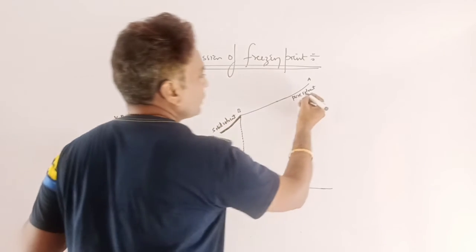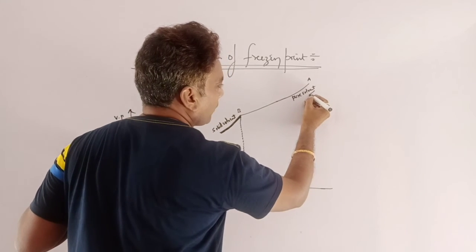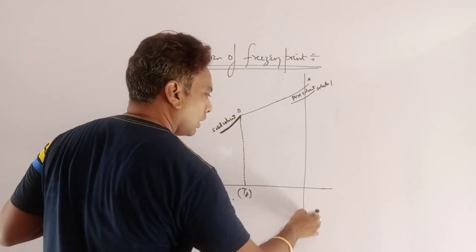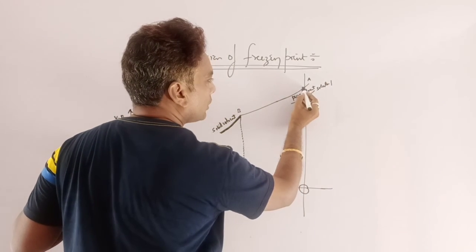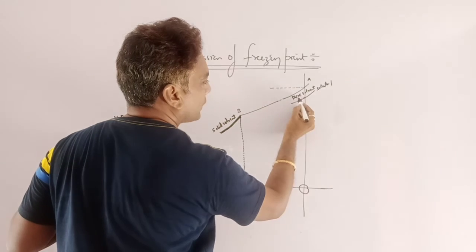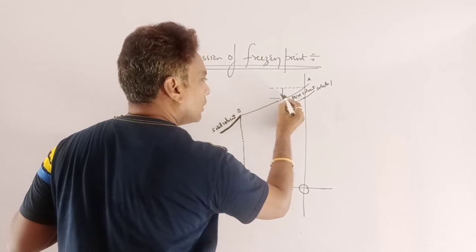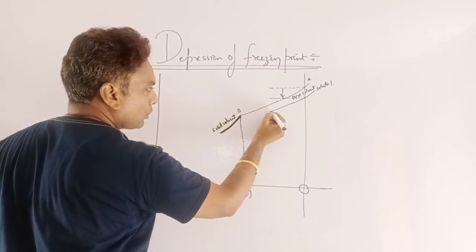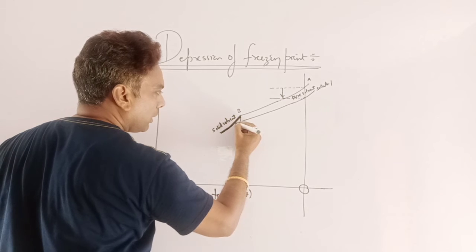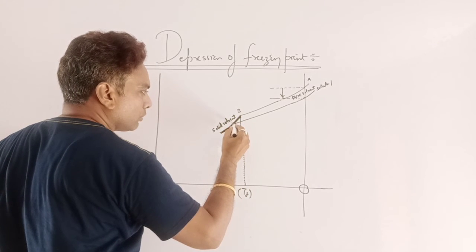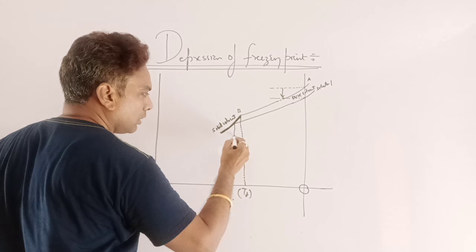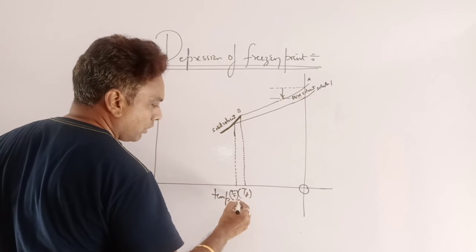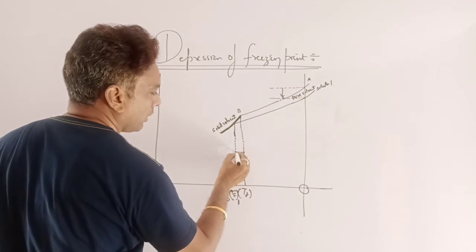Now, after mixing a small amount of solute, the vapor pressure of the solution decreases. Suppose this is solution 1, and at a given temperature the vapor pressure of pure solvent is greater than the vapor pressure of the solution. After decreasing the temperature, the vapor pressure of the solution decreases, and when it touches the vapor pressure of solid solvent, that temperature denotes the freezing point of solution 1.